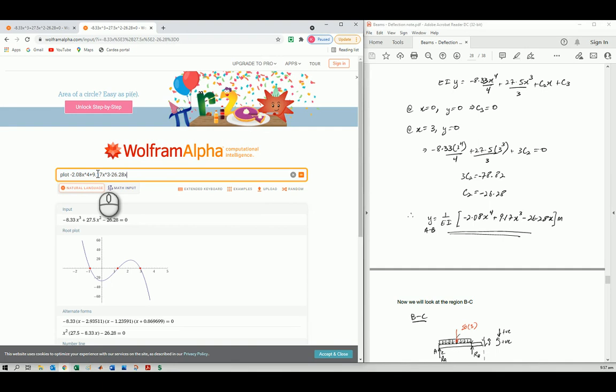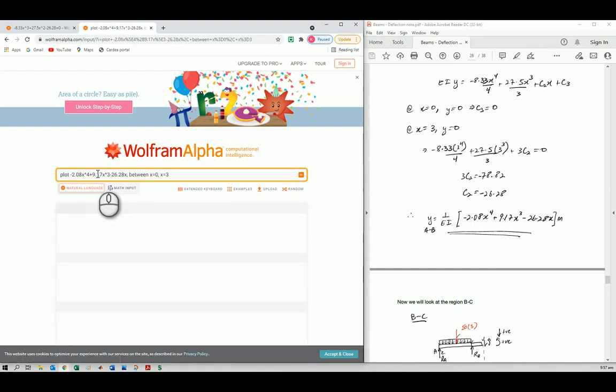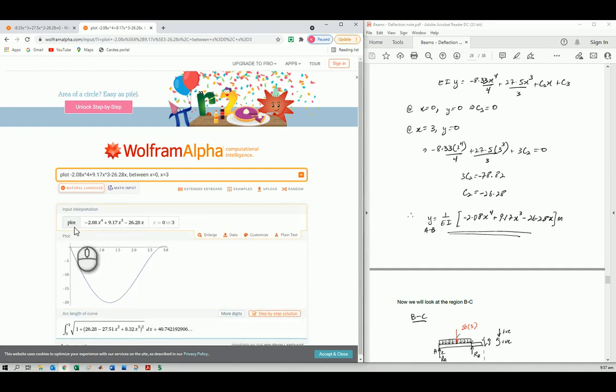Okay, so we want to plot that between x equal to 0 and x equal to 3. Hit enter. It's always important that you look at the input interpretation to ensure that Wolfram is working out what you want it to work out. So this is the equation from x is 0 to x is 3, and this is the curve here.